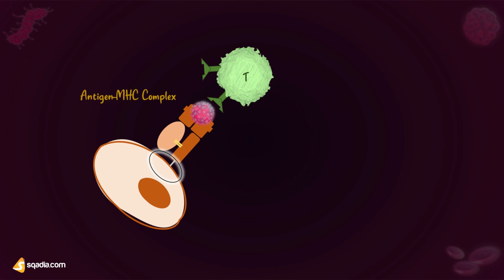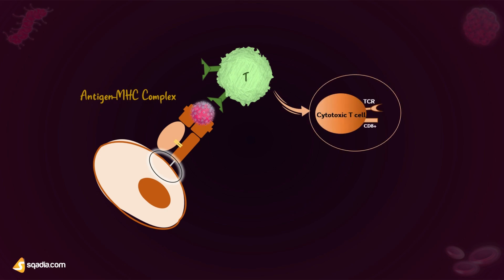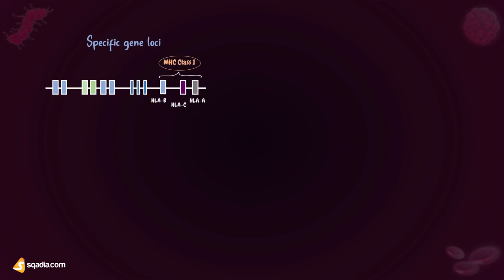And in the case of MHC-1 molecules, the T cells involved are the cytotoxic T cells or T cells with CD8+ receptors. Let's summarize what we learned till now. We've learned that MHC-1 are the specific loci of MHC genes that encode MHC-1 molecules.